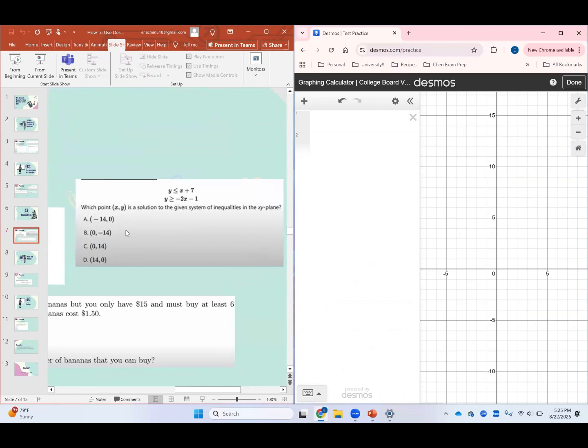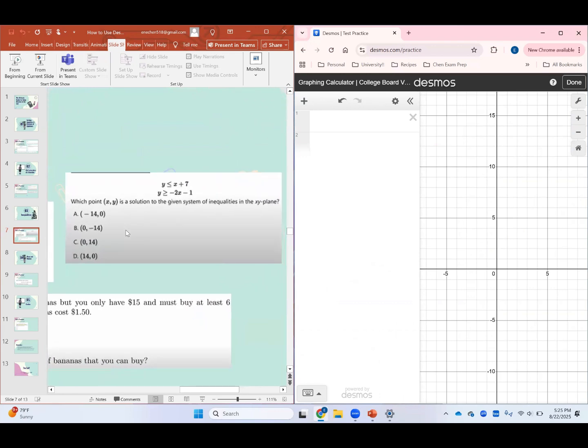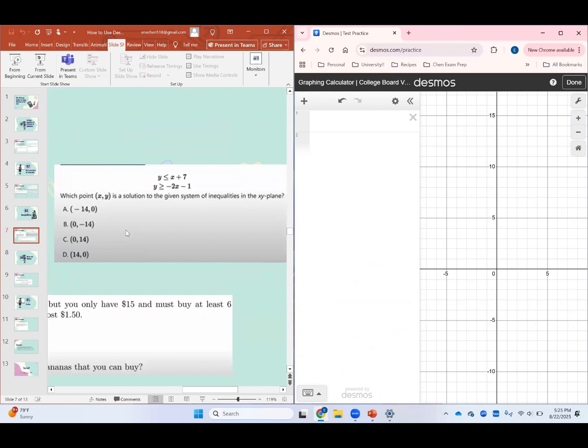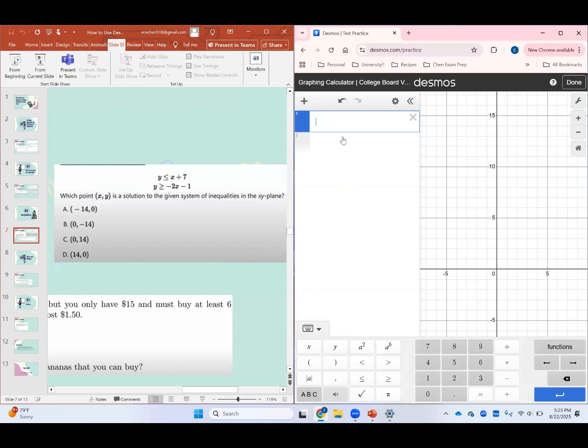They give you two inequalities again, and they ask, which point is a solution to the given system of inequalities in the xy plane? For this type of question, again, I'm going to graph the inequalities in Desmos.